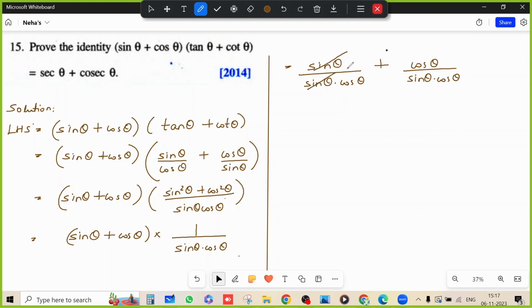Here sin theta will get cancelled out. Here cos theta will get cancelled. We are left with 1 by cos theta, that can be written as sec theta, and here it is 1 by sin theta, which can be written as cosec theta, and this is equal to the right hand side, and hence we have proved that the left hand side and the right hand side is equal.